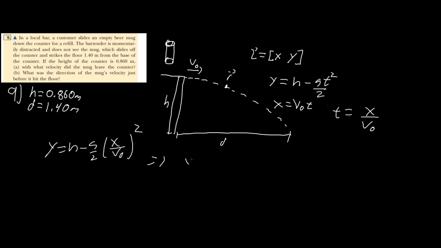Y equals H minus G over 2 V naught squared times X squared. And we're going to multiply by V naught squared and then solve for that. So V naught is ultimately going to be X times the square root of G over 2 over H minus Y. So this is basically going to be the whole equation, the whole answer for the velocity.